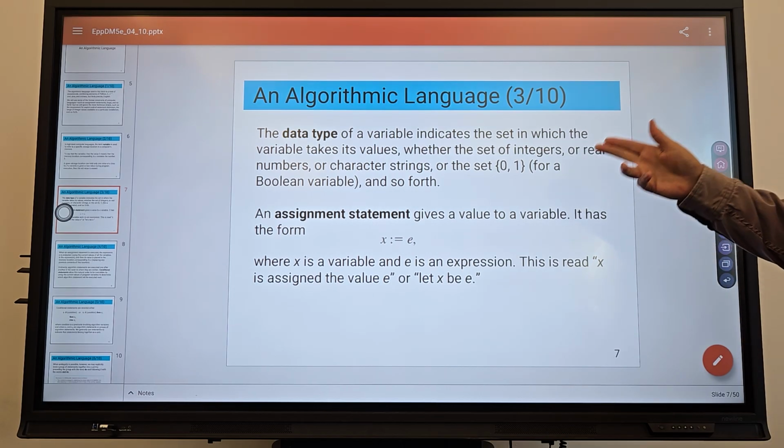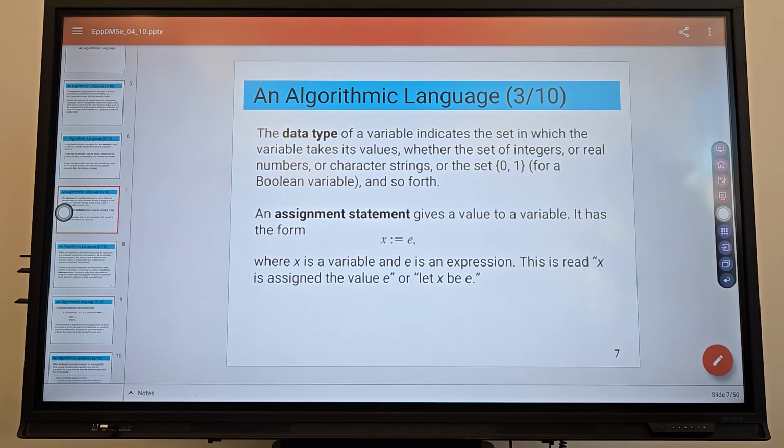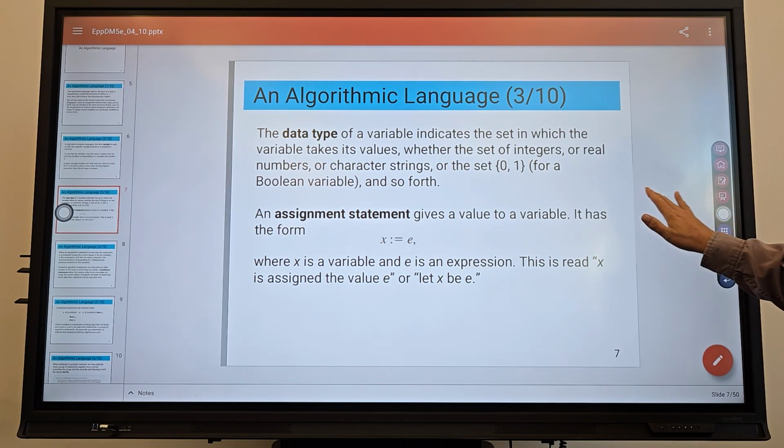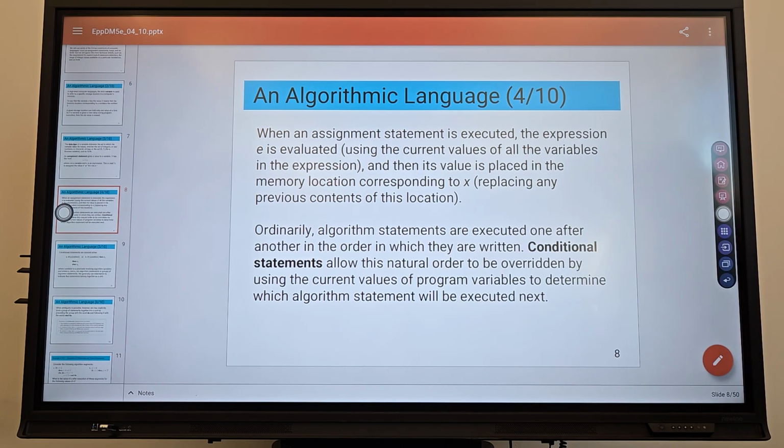But that's how a different language does assignment, variable assignments. But when an assignment statement is executed, the expression e is evaluated using the current values of all variables in the expression, and then its value is placed in the memory location corresponding to x. The memory location corresponding to x is the pointers you all know and love in C++, I'm sure.